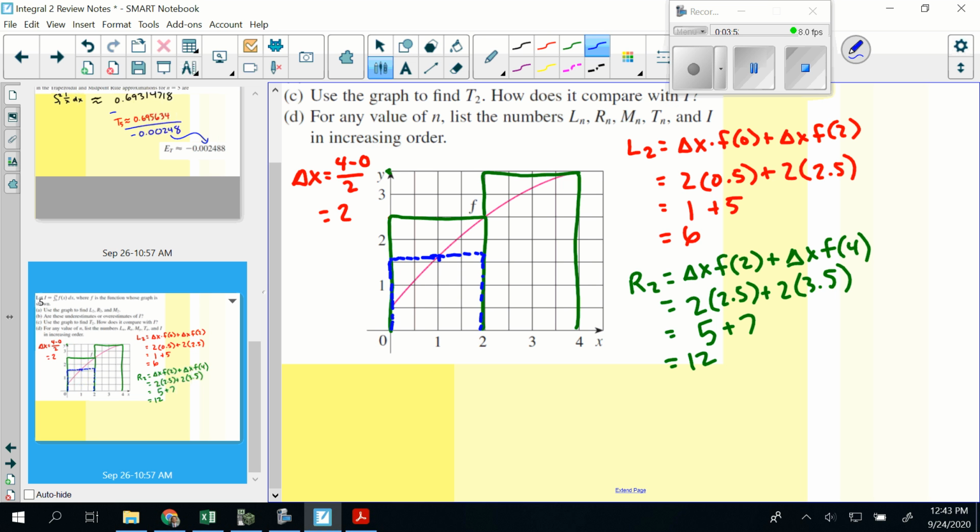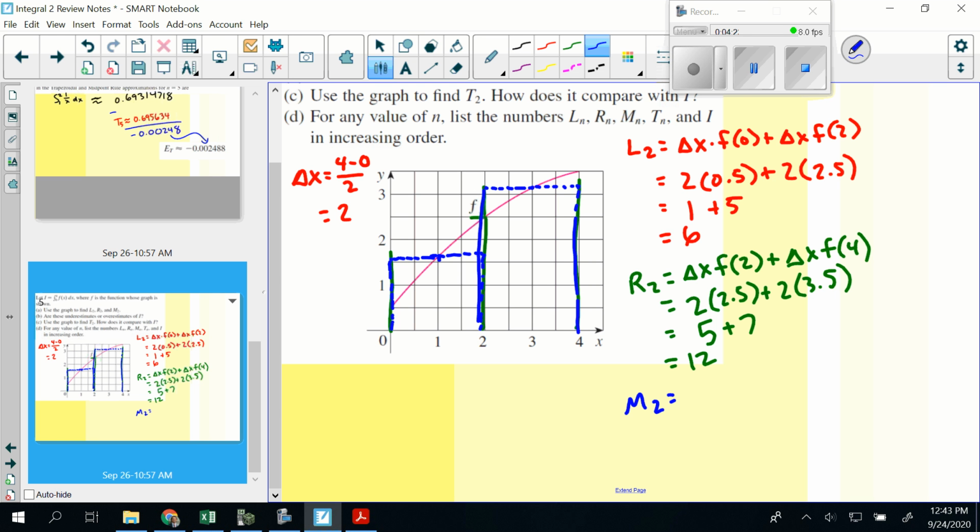For the other rectangle, we would use the height at 3, so if we follow that up, that's where it hits there. So our rectangle there would be this one. All right, so what is the area of those two rectangles? That would be our midpoint approximation. So midpoint approximation here, M2.